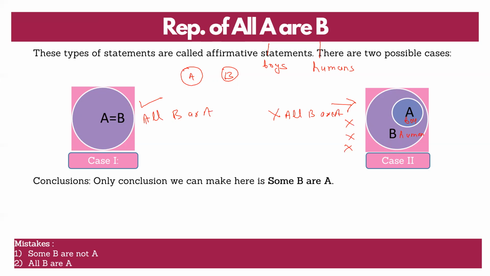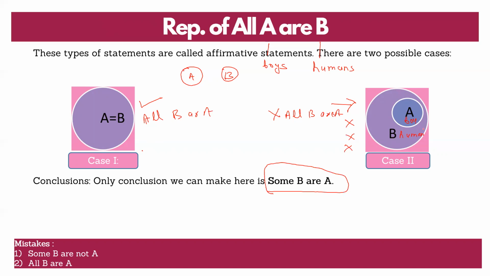However, our purpose right now is only to show how to draw all A are B. The only conclusion that I can draw is some B are A. I cannot draw the conclusion all B are A. That conclusion can be drawn from case number 1, but it cannot be drawn from case number 2.